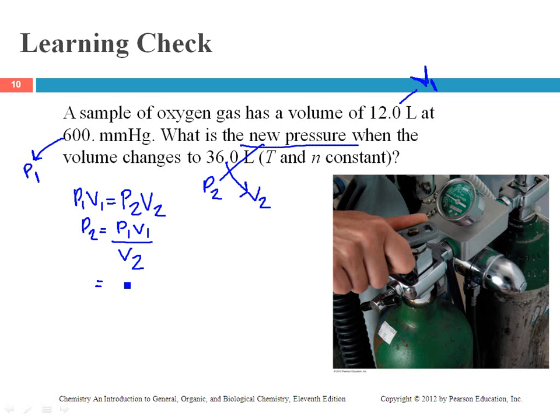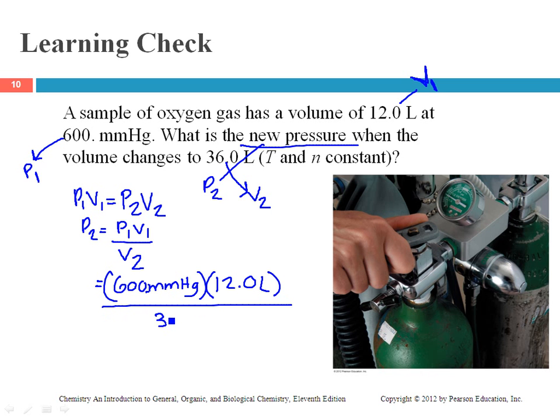Our P1 is 600 millimeters mercury, our V1 is 12 liters, divided by 36 liters, which is our V2. We should get 200 millimeters mercury, which makes sense because we would expect the pressure to decrease when the volume increases.